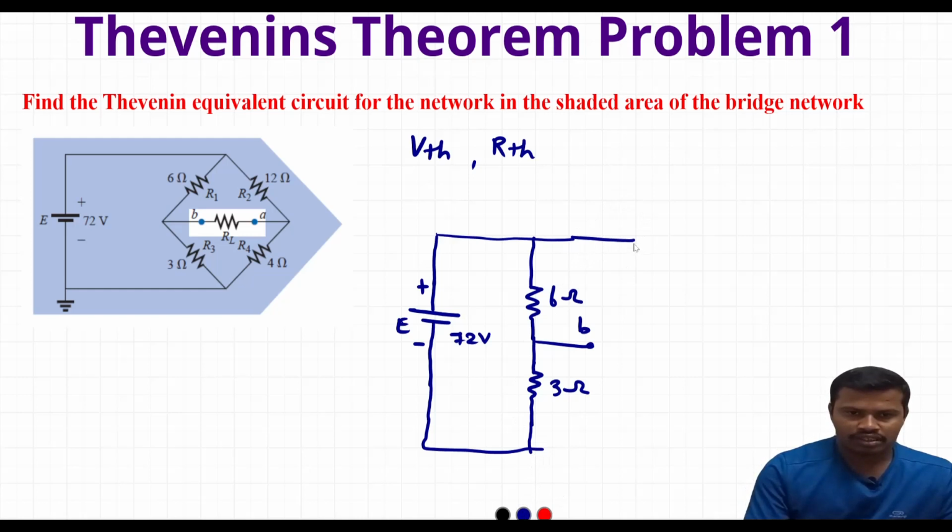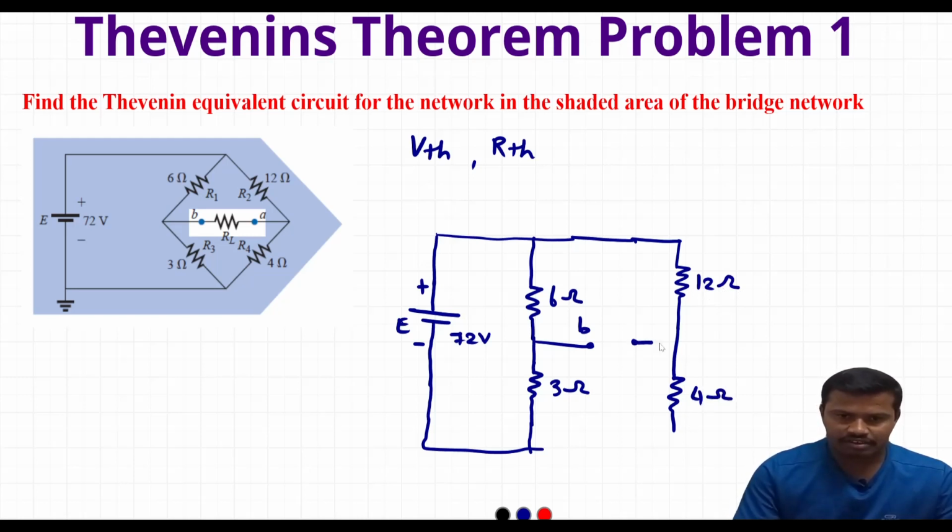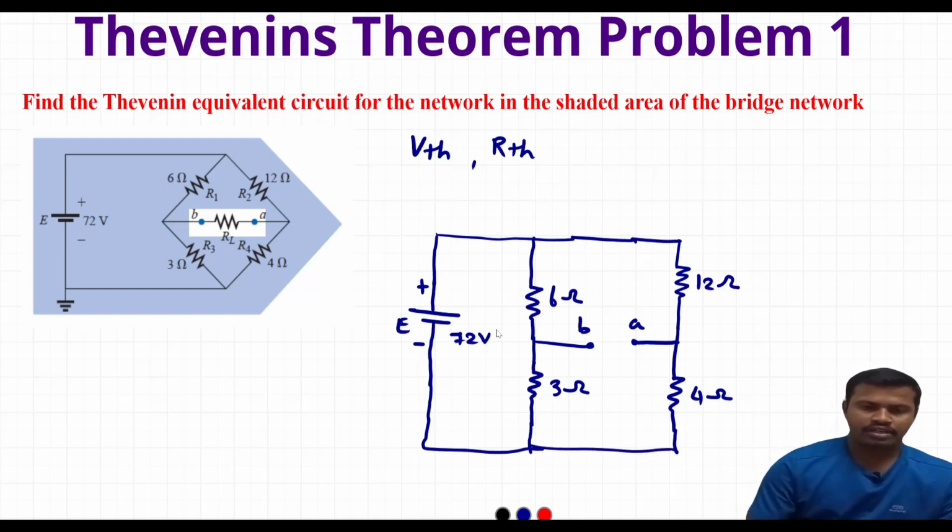Here we will redraw it. This is 12 ohm and this is 4 ohm. The A terminal is between these, and we will complete the circuit.